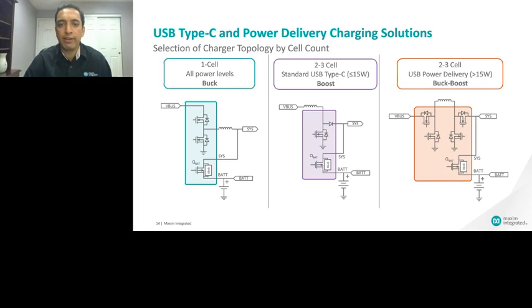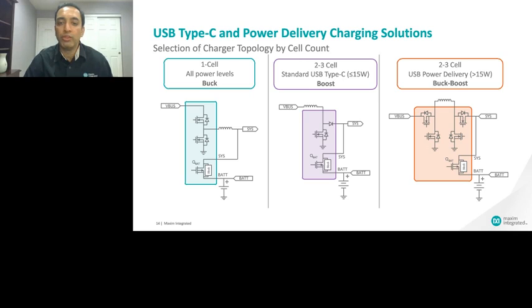Then finally, if you have a 2 or 3 cell system which requires more than 15 watts, this is where you need USB power delivery. Now with power delivery, your input voltage can vary from 5 volts to 20 volts, but your output voltage has to be between 8 to 11, 12 volts approximately.